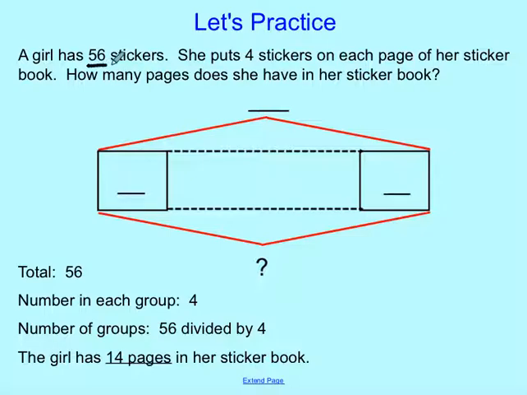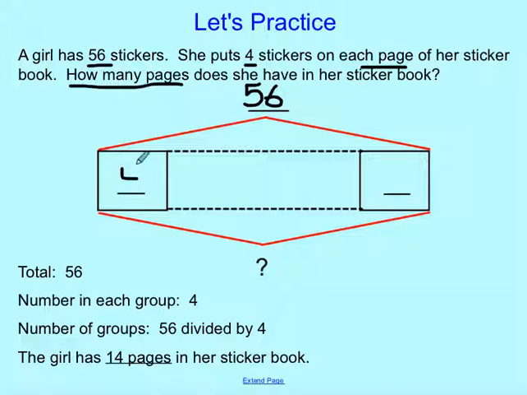So let's look for our total. We always look for a total in a division problem. The total is 56. We know she puts 4 stickers on each page, but because we're looking for the number of pages, we draw our dotted lines. We don't know how many boxes to draw.